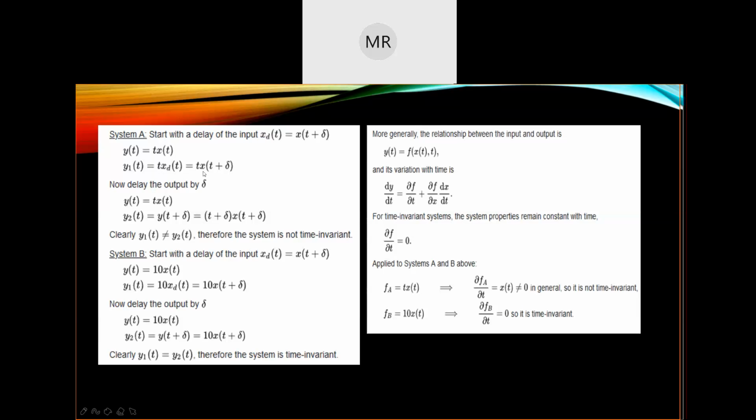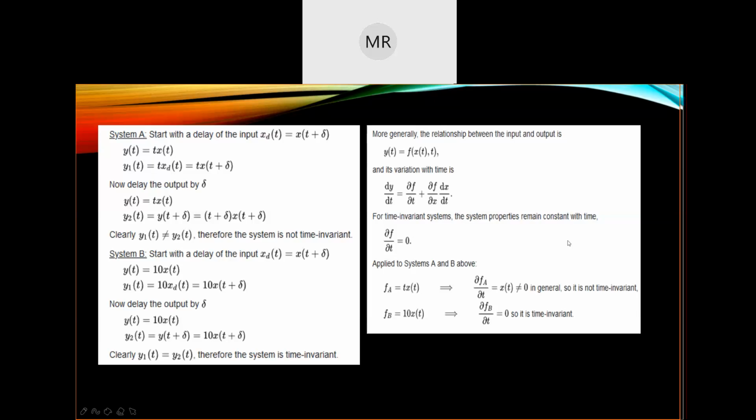If we do the output delay, the variable will be y. Now delay the output by d. y2(t) = y(t + d) = 10 x(t + d). Clearly, y1(t) is the same as y2(t). Therefore, the system is time invariant.